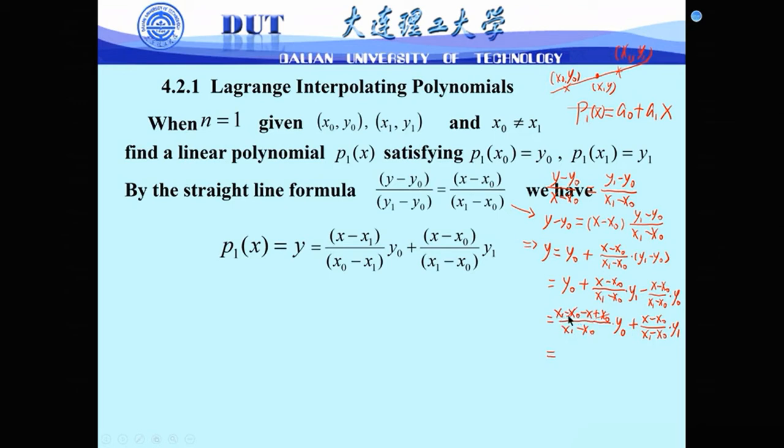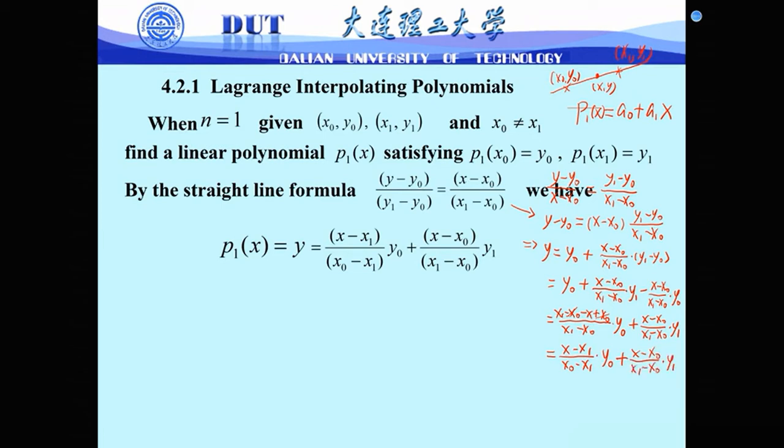Now we just change the order for both numerator and denominator, and it is (x minus x1) divided by (x0 minus x1) multiplied by y0. And for the other term, (x minus x0) divided by (x1 minus x0) multiplied by y1.